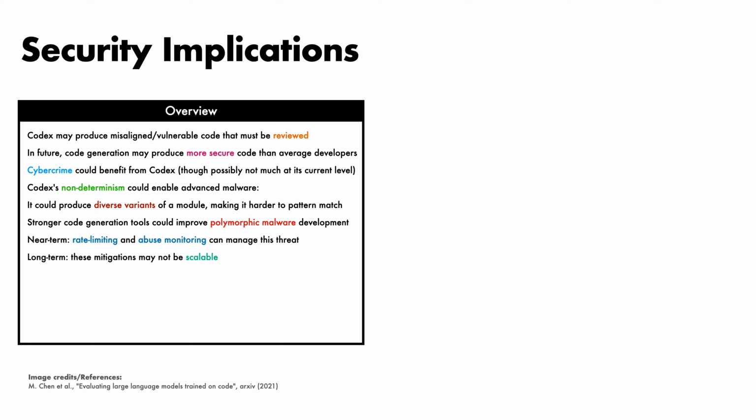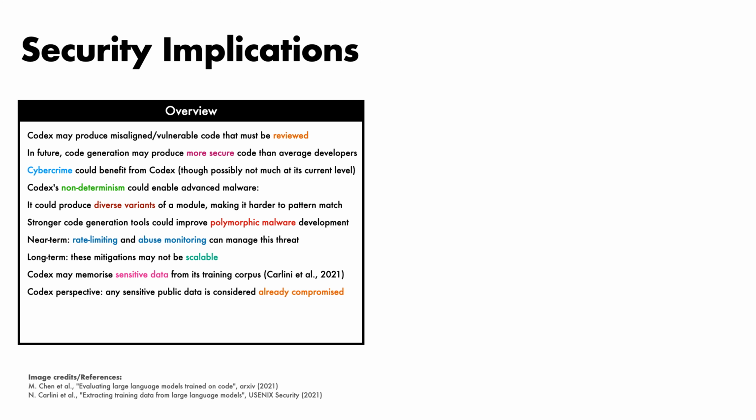Another concern is that as a high-capacity sequence prediction model, Codex may memorize sensitive data from its training corpus, an effect that was studied previously by Carlini et al. for large language models. On this point, the Codex authors take the view that any sensitive data that has been released into the public domain has already been compromised.